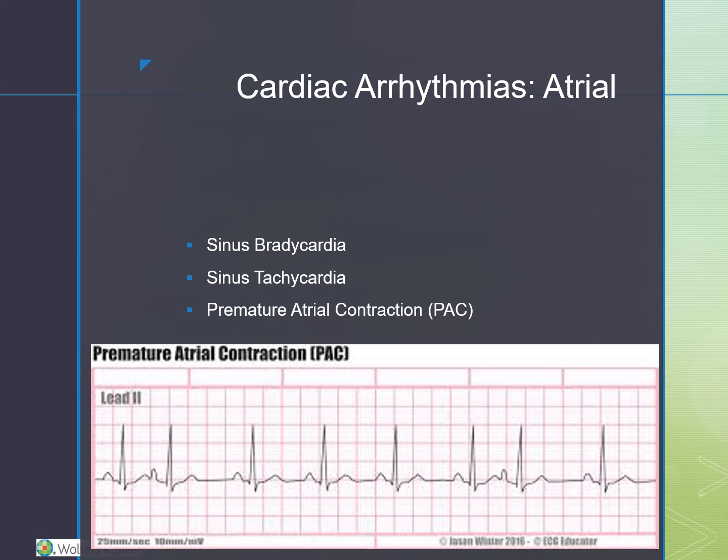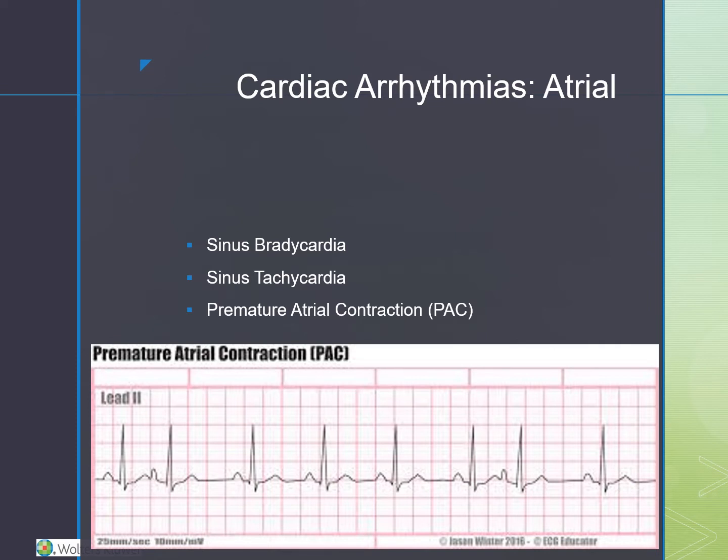And that would go from 100 to 150 beats would be considered sinus tachycardia. So it can be caused as a physiological response to strenuous exercise, anxiety, fear, pain, fever, hyperthyroidism. But it can also be a compensatory mechanism for hemorrhage, shock, or hypoxemia.